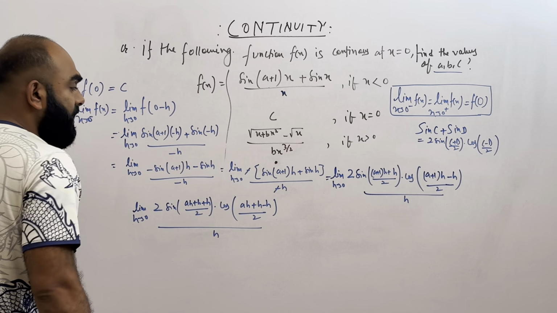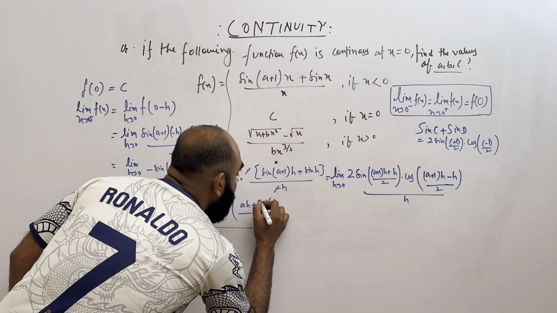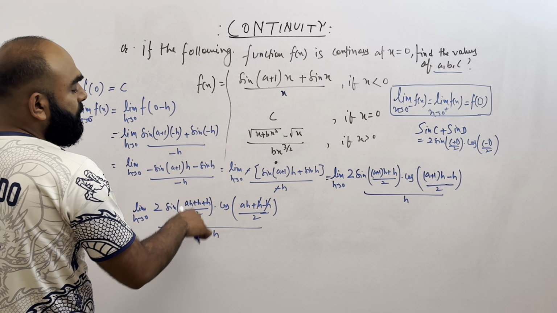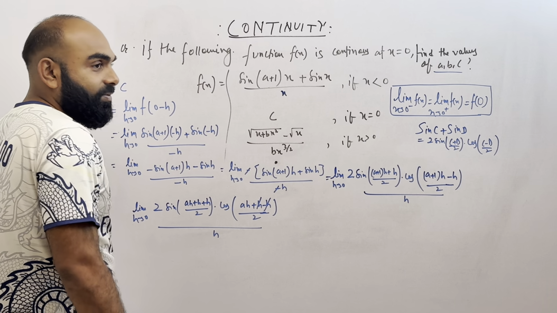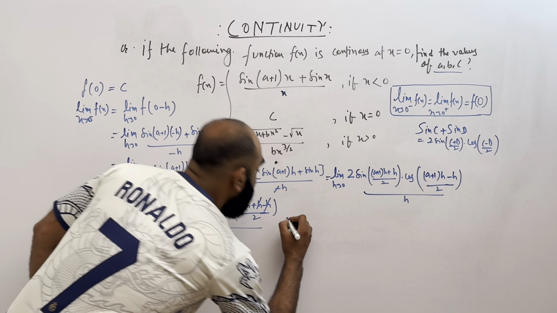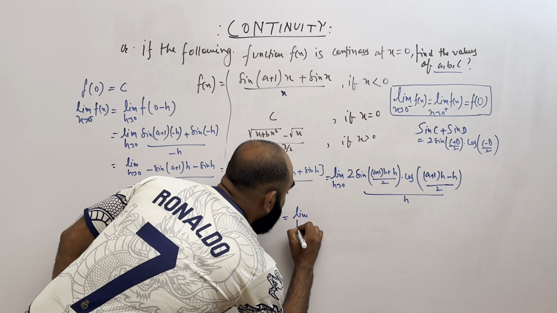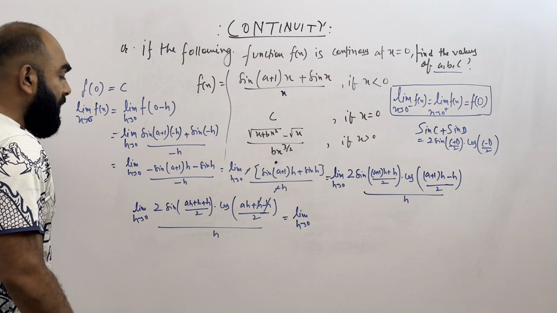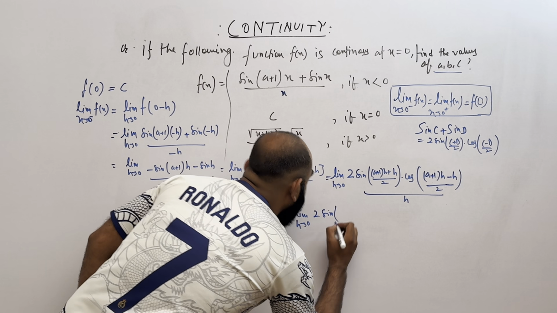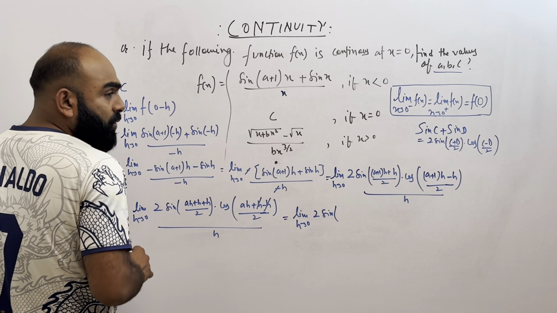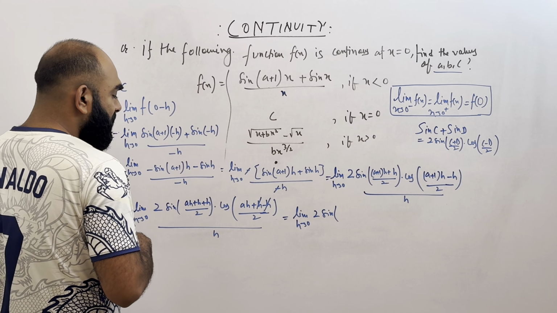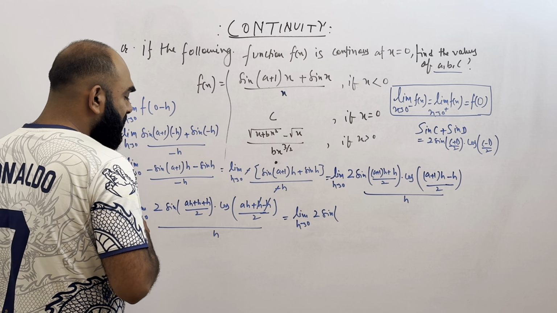Correct now? Here the h cancels; here it is a h plus 2h by 2, and here it is cancelled. Now very carefully watch: 2 sin of (a h plus 2h) by 2. If I take h common, can I do it?